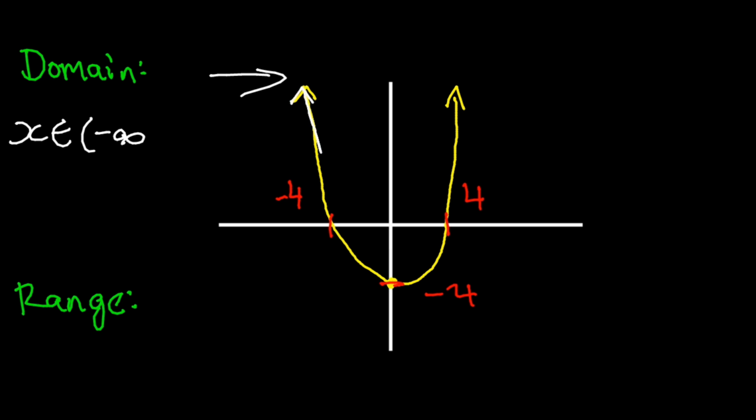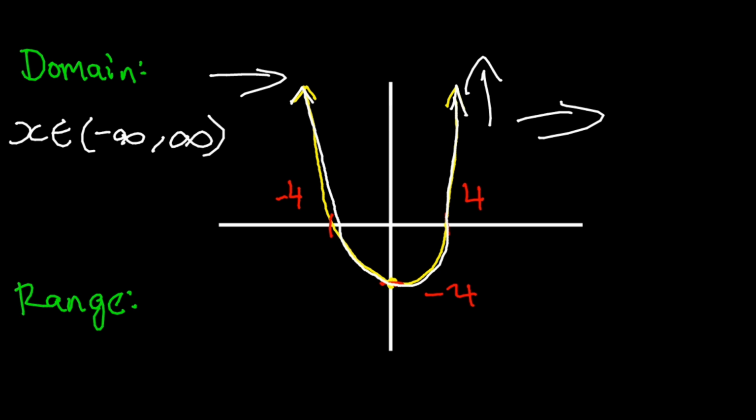So negative infinity comes through here and it just goes infinitely up and this way. So it just goes from negative infinity to positive infinity. So those are all the possible x values, there's just an infinite number.